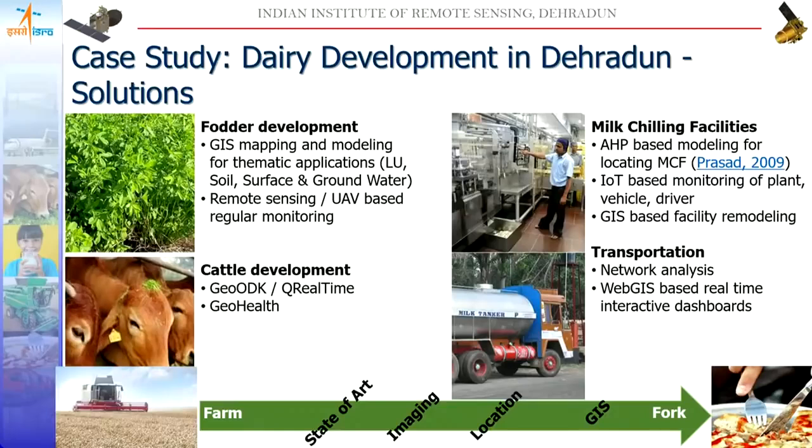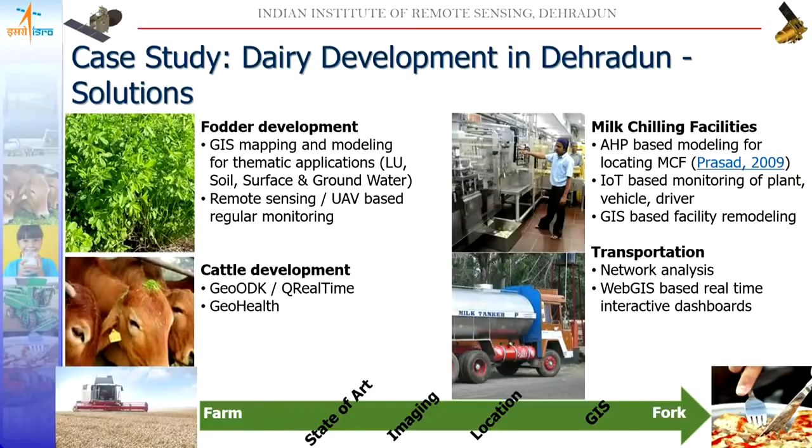Then you have the milk chilling facility. Where should I have the milk chilling facility? It's a big infrastructure, a big expenditure involved. So you really have to identify in which area I should have that facility. For that you have to use GIS, which is the best way to find the best possible place where this particular plant can be created.